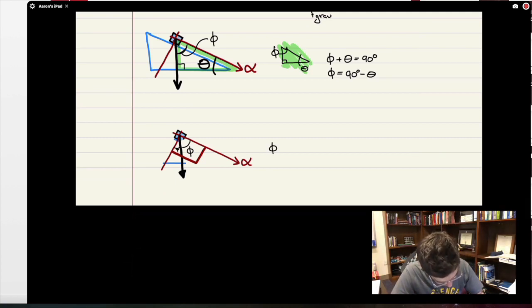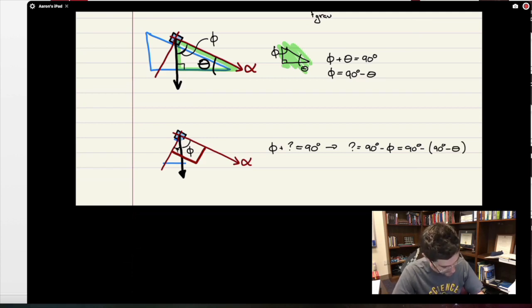So we also know that phi plus whatever that question mark is must therefore equal 90 degrees. Therefore, the question mark is 90 degrees minus phi. But phi itself, we just said, was 90 degrees minus theta. The 90s cancel, the minuses cancel. This angle is just theta.